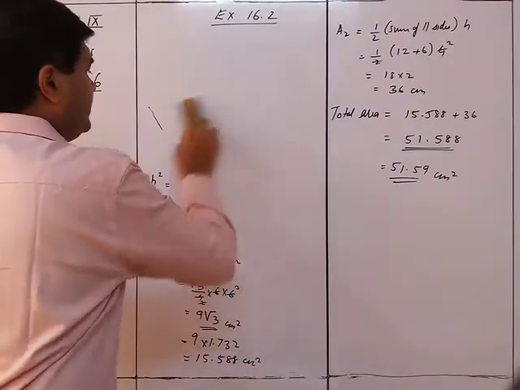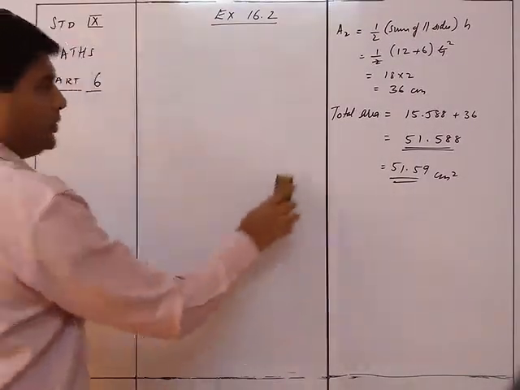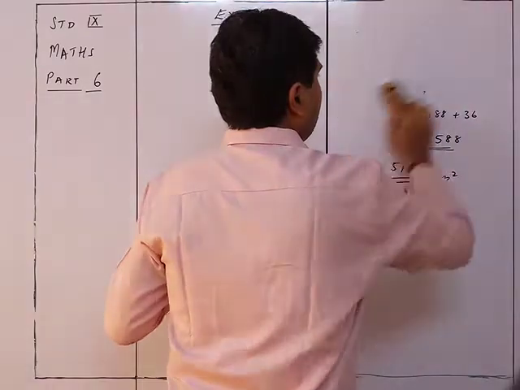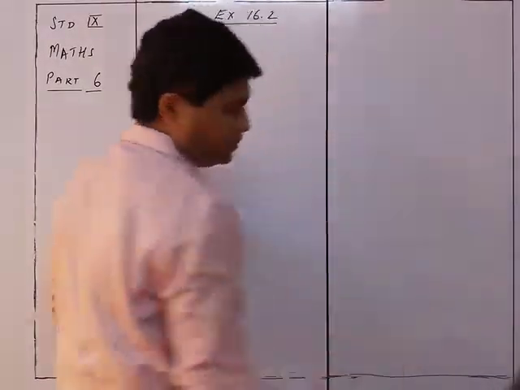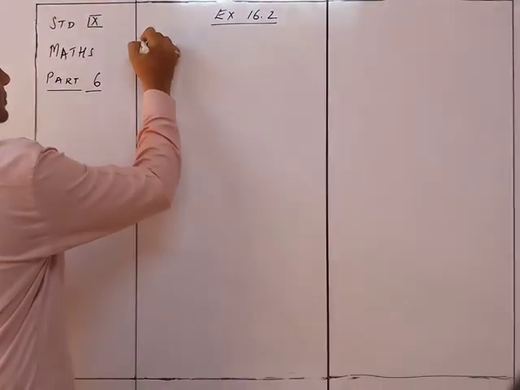Now we come to the second part of this. I will just discuss the second part. I will not do it because it's an alternate sum. I am showing it because it is slightly confusing, so we can always understand it.